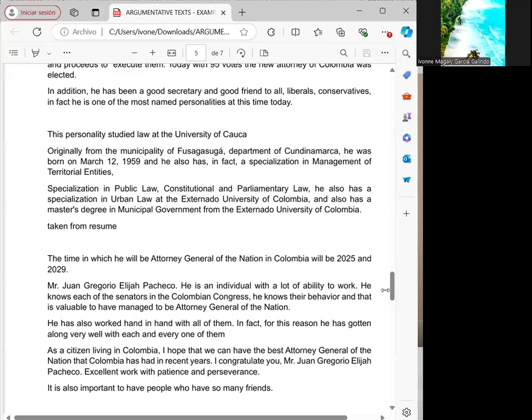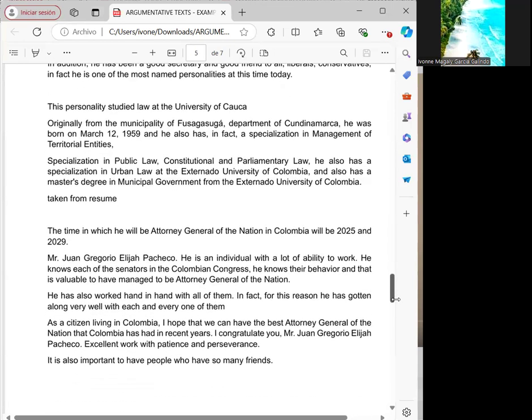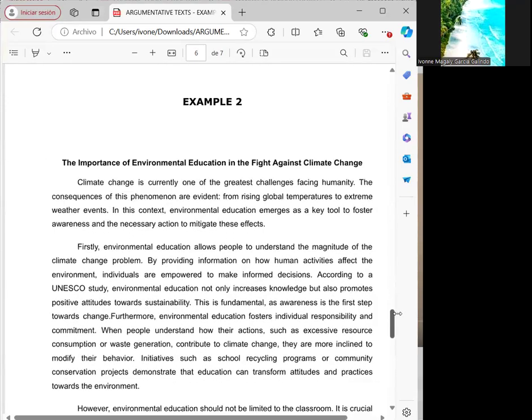So this is truly my point of view, okay? But I need to put it into an argumentative test. That's why I need to put the counterpart arguments and, let's say, add some information about the concerns this election raised in Colombia, the previous days, the previous week or months. Okay? So let's see a second example.